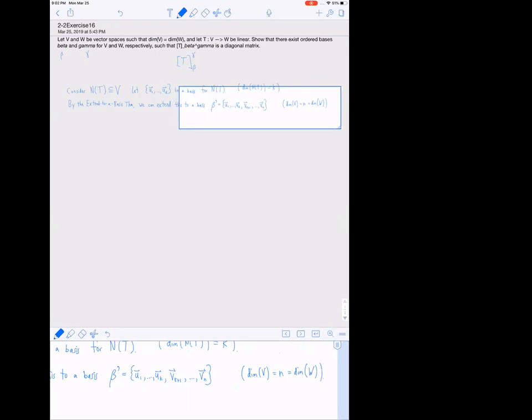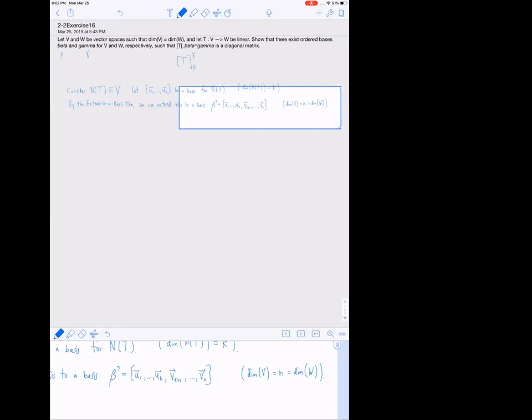Great. So now we have a basis for V, but the first K of the vectors are very well controlled when we apply the linear transformation T. T sends each of those vectors to 0, because that's what it means to be a vector in the null space. The remaining vectors presumably don't go to 0, or else they would have been part of a basis for the null space.